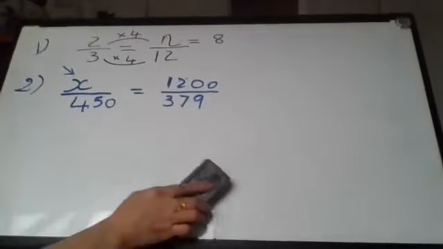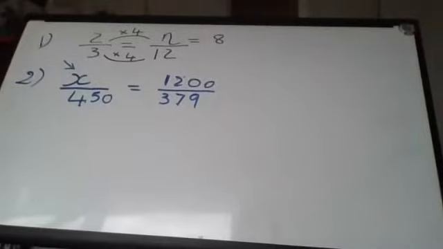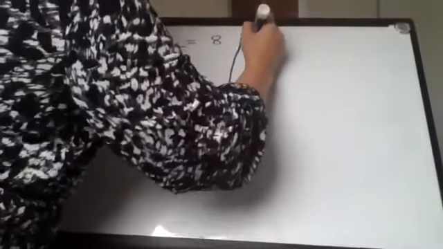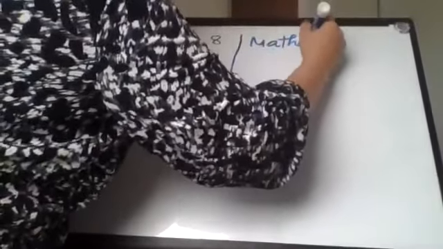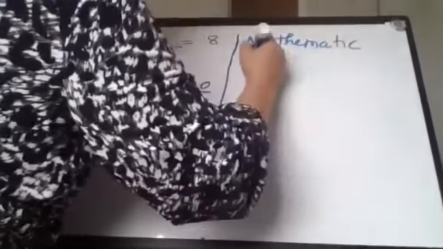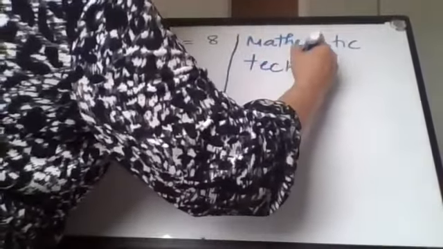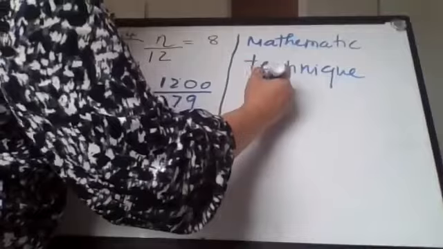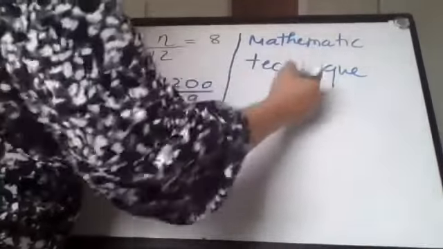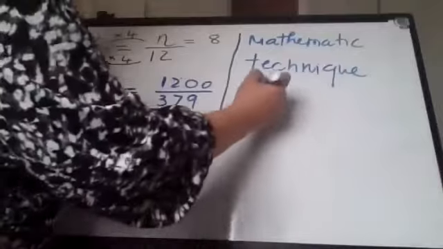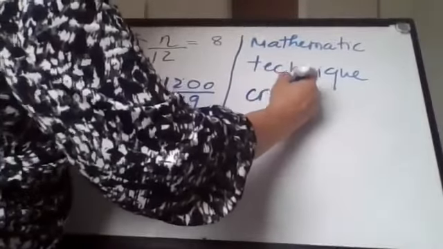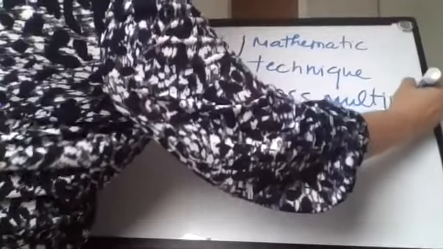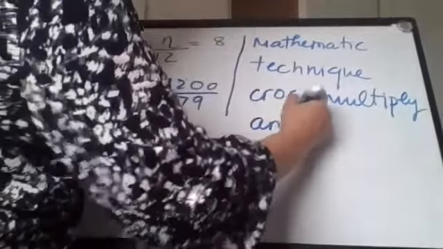Now, let's get back to the method we will use here. The method we're going to use, we call the mathematics technique, cross multiply and divide.